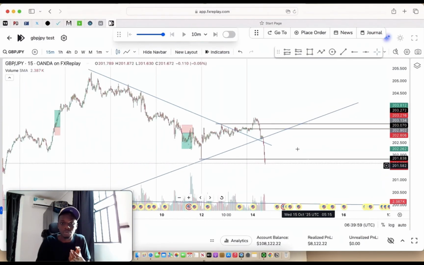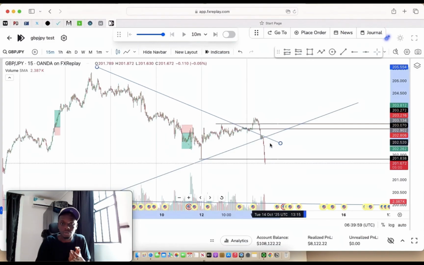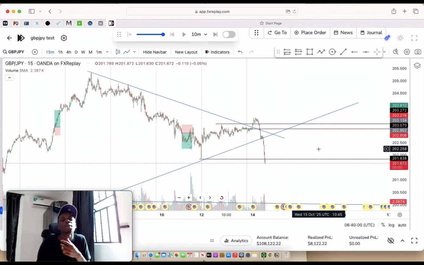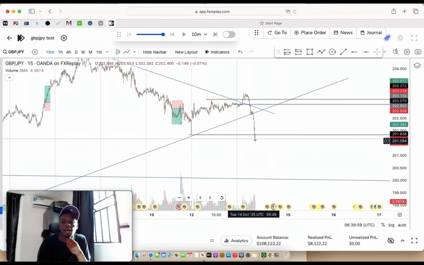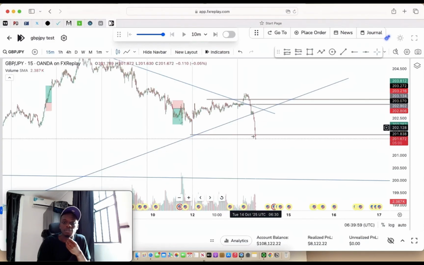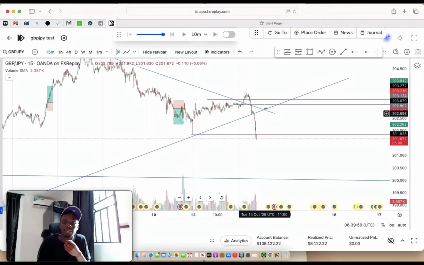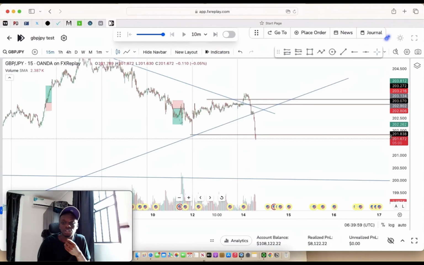Realistically, we are up. I want to take it, but this move is still extended. I would expect a retracement back because this is a trend line that got broken, which is the third touch point.